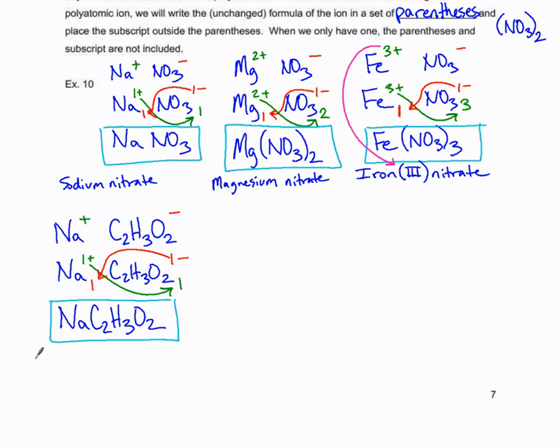This compound is sodium. There's the cation. This polyatomic ion is called acetate. Sodium acetate, it is a salt.